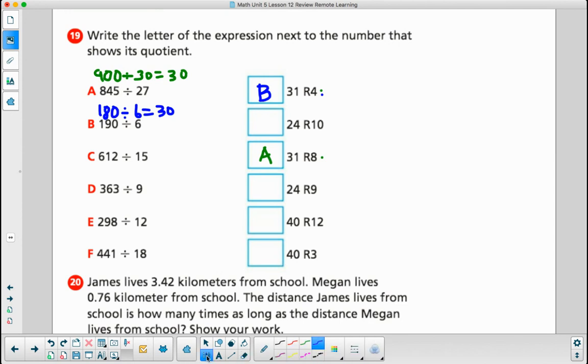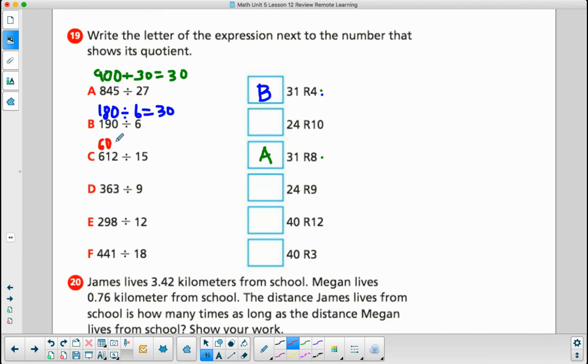612 divided by 15. Okay, 15 is easy for me to divide by. 6 is not divisible by 15, but 61 is. I know that 15 multiplied by 4 is 60. So 61 is close to 60.